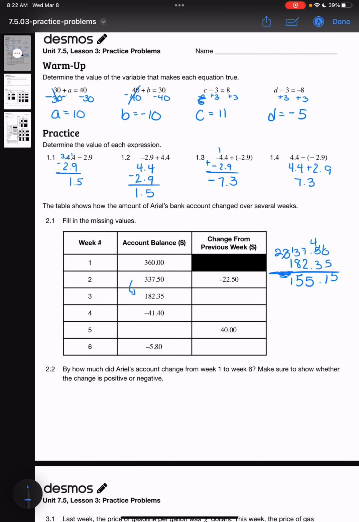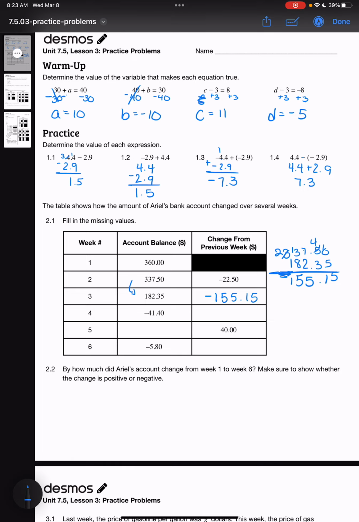So the difference this week was we were down $155.15. Now I'm all the way down to negative $41.40. So let's try to find the difference between these.